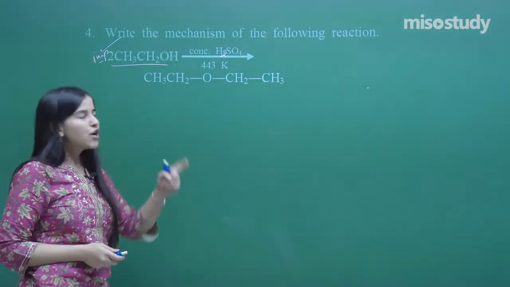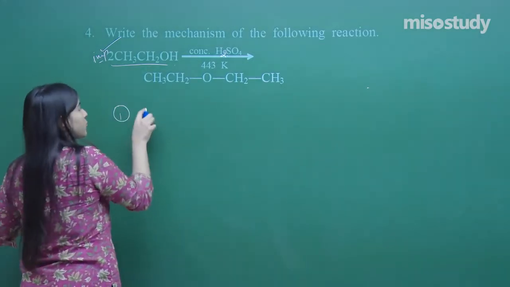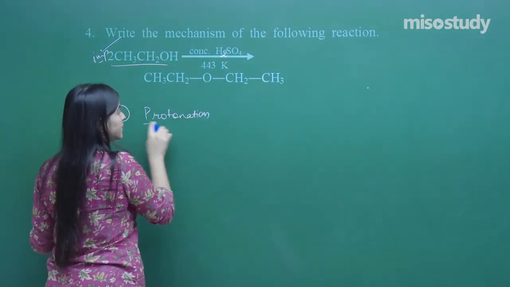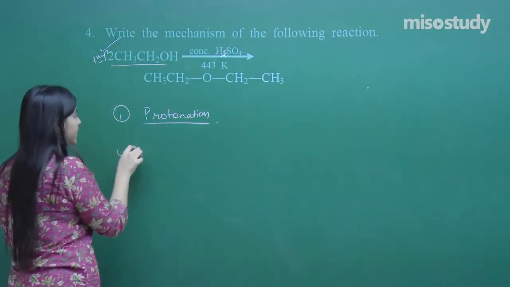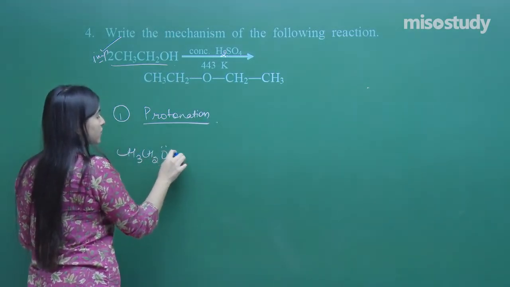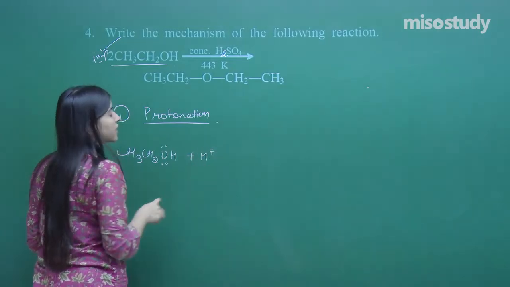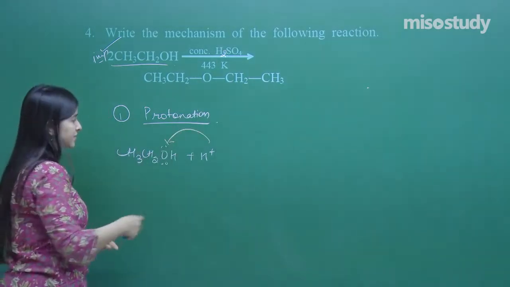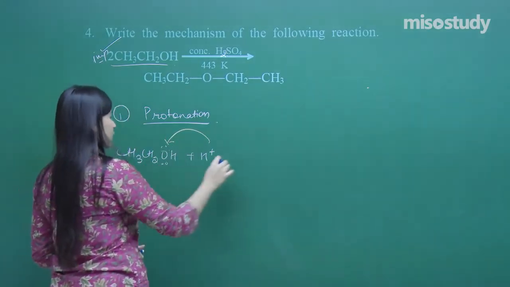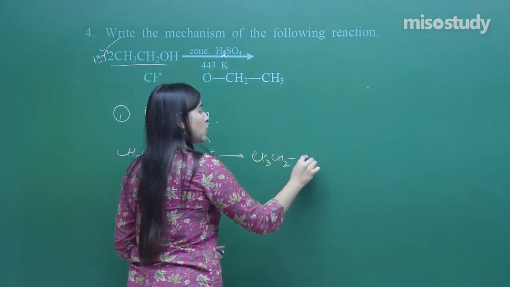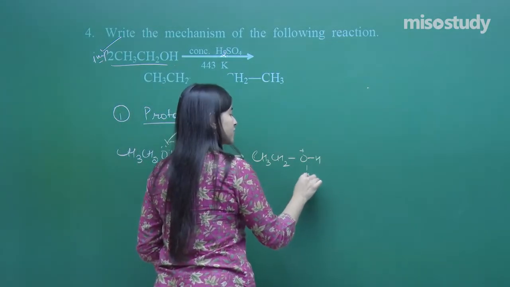It's very simple. First will be the protonation step. Yes, so I'm just quickly doing it because we already have done this. O has got lone pairs, H positive will come up from H2SO4 and react, attracted towards the lone pairs, giving CH3CH2O positive, H, H. Fine.